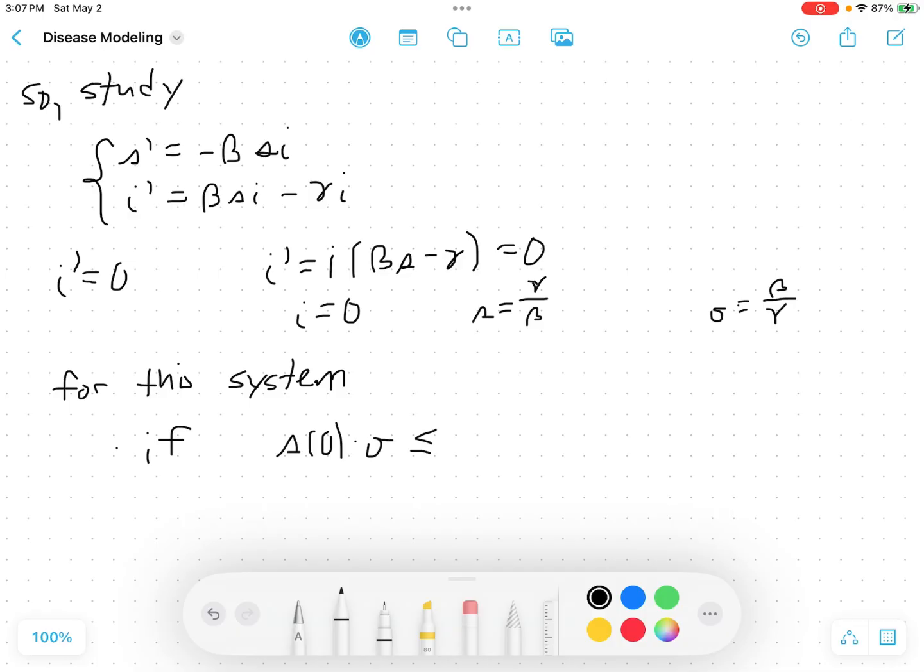If that's less than or equal to 1, we end up seeing that our disease is going to end up dying out. We'll have that I of t decreases to 0.